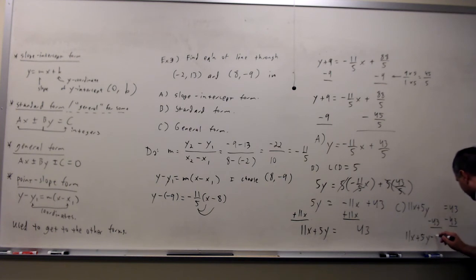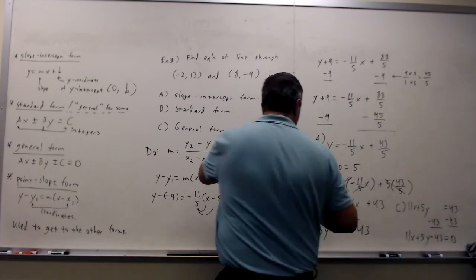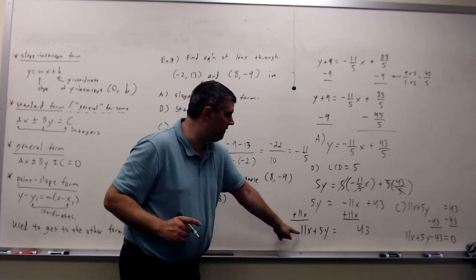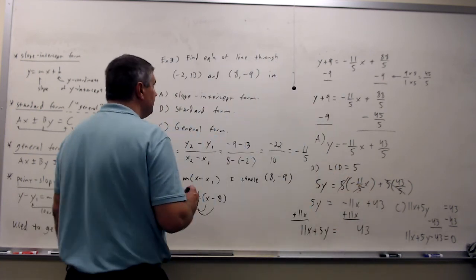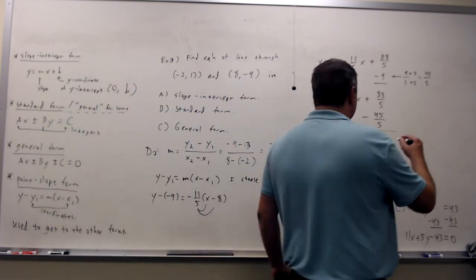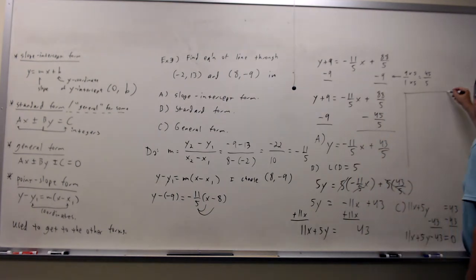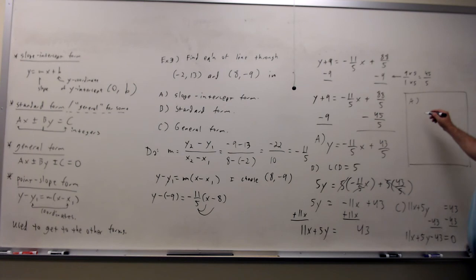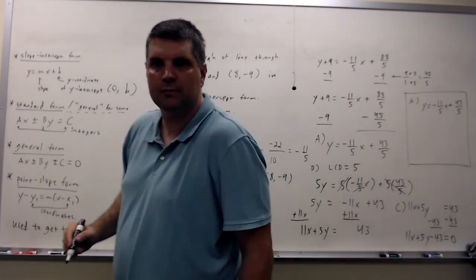And that, folks, gives me the 3 standardized forms. I've got slope-intercept, standard, and general. Okay? So let me go ahead and put all 3 of those in one convenient spot. Does that all fit? It does. A is y equals negative 11 fifths x plus 43 fifths.